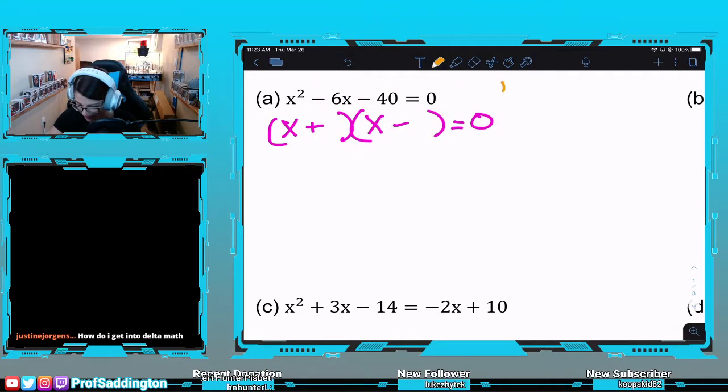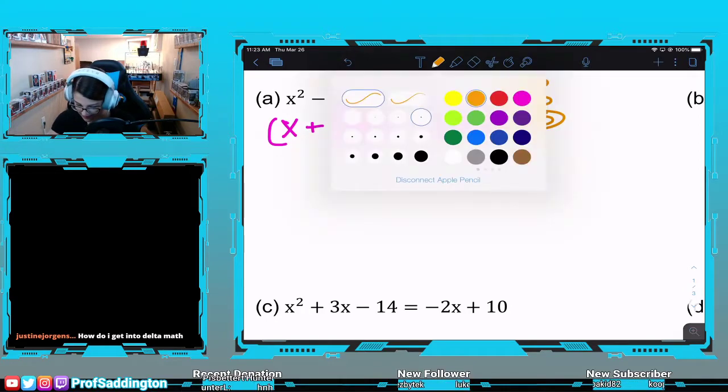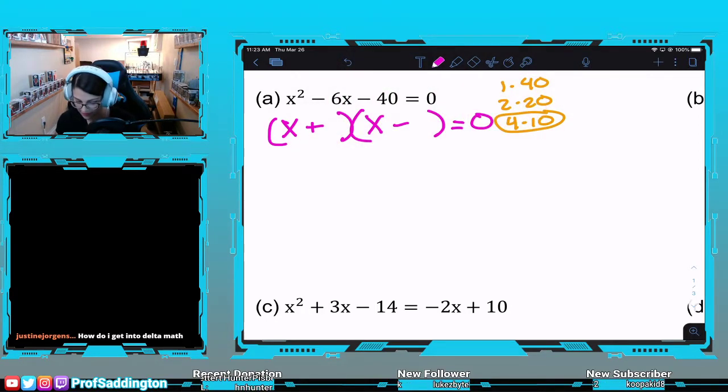So if we think we've got 1 times 40, well, that's not going to work. 2 times 20, still not going to work. 4 times 10, that does have a difference of 6. So we got to think which one has to be negative. Well, if I want a negative 6, that means my 10 is going to be negative. And my 4 is going to be positive when I factor it.